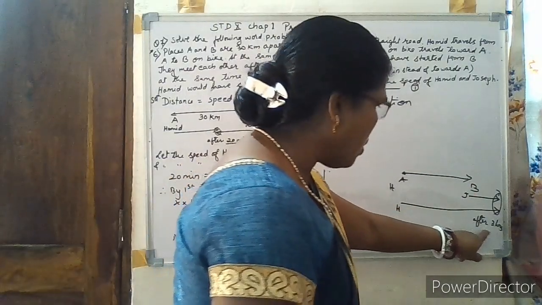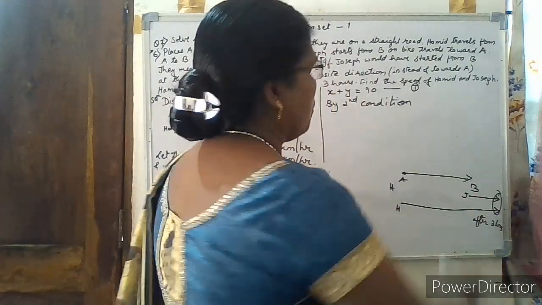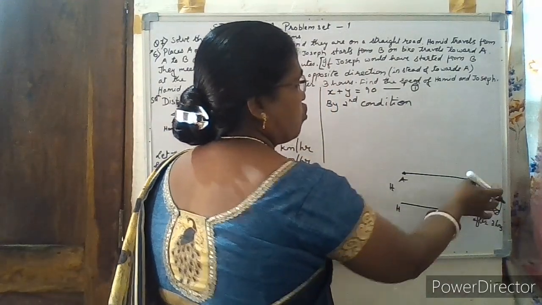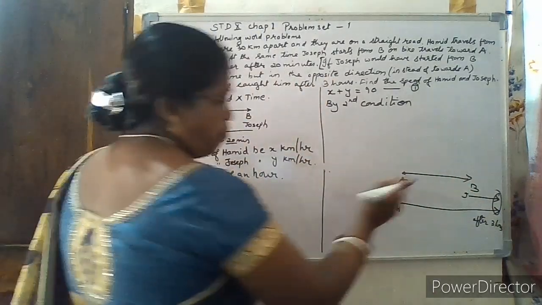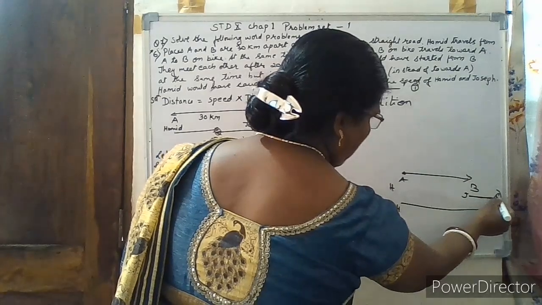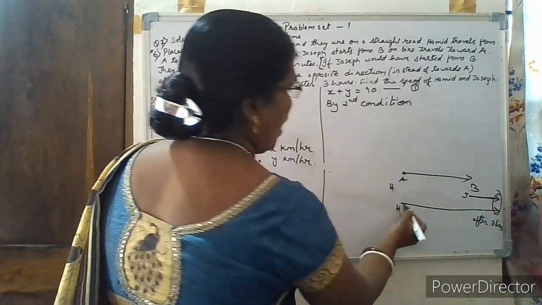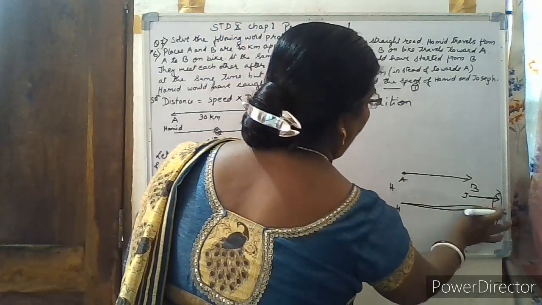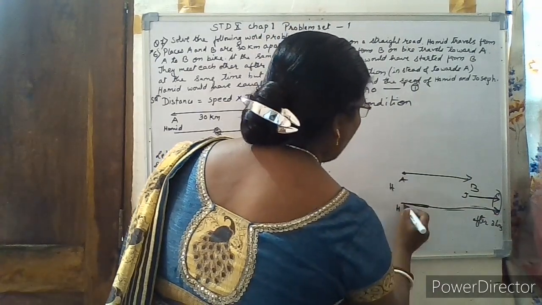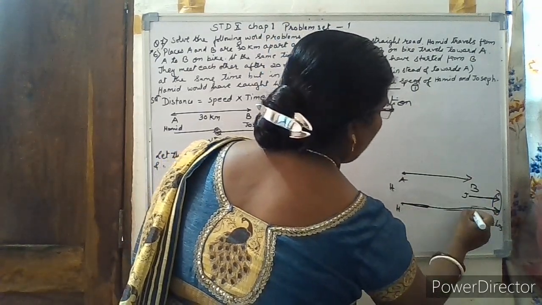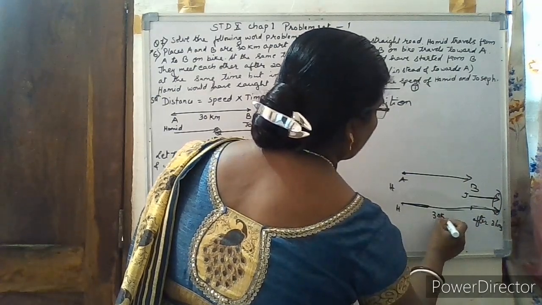We have been given the time and we know their speed. So speed into time is equal to distance. But what is the distance traveled by Joseph and by Hamid? We don't know.